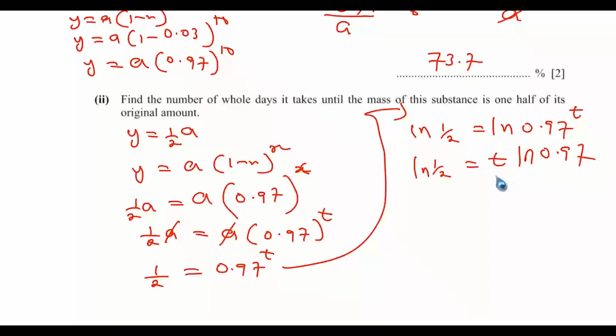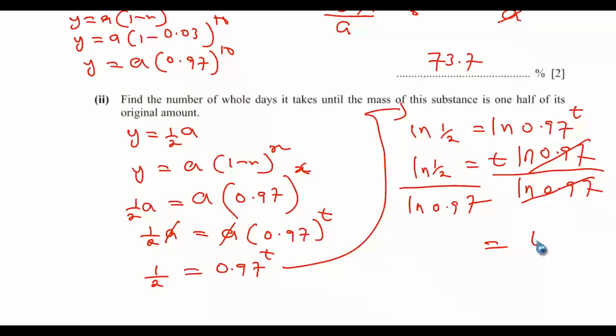So I can divide both sides by ln 0.97, so this will cancel out this. We are left with t on the right hand side. And if you divide this by this, you will get 22.75.